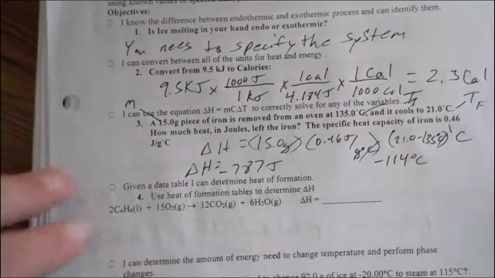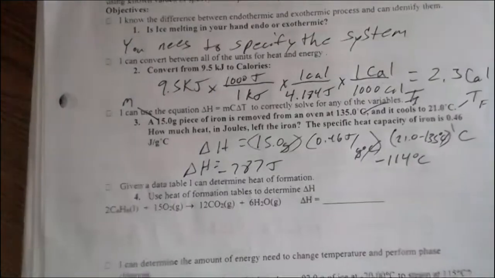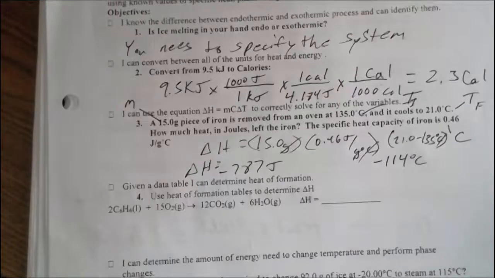So, in order to do this, we do need a data table. The data table is the table in the back. Anybody got a page for that? Looks close to 27-ish. You will have to be given a data table on the test itself. 26.